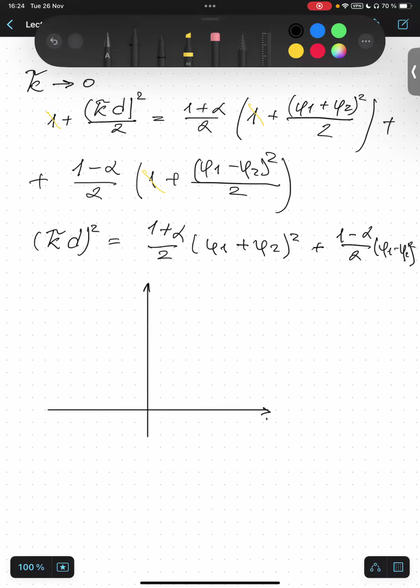So k tilde, omega. Here, as you remember, pi over d. Here's minus pi over d. Here's 0.